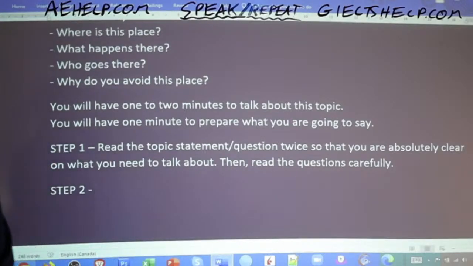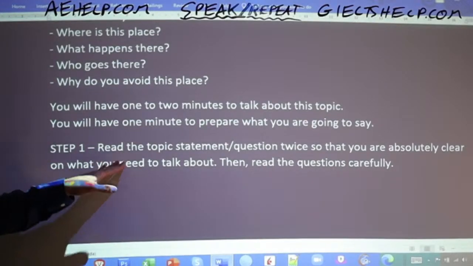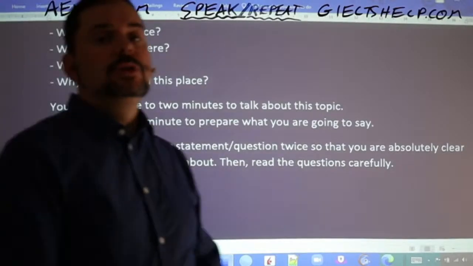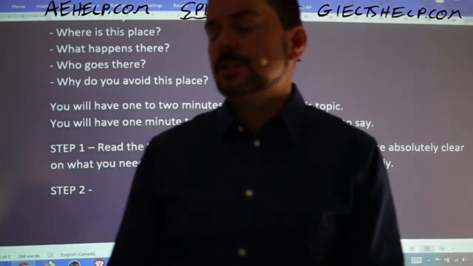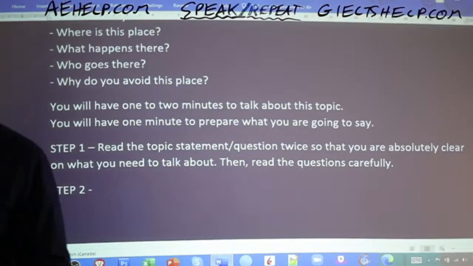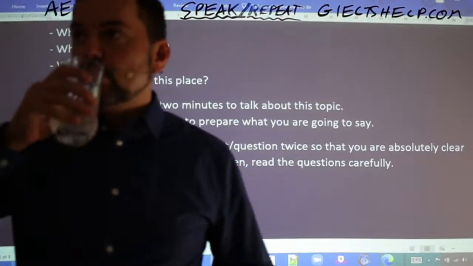What's your next step? So after you have read the statement and you've read it twice and you've read the questions, what's your next step? What do you do after? So there's a very clear next step here. Anybody? What should you do?